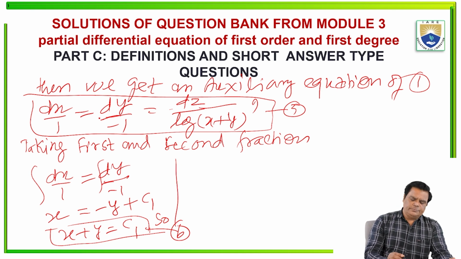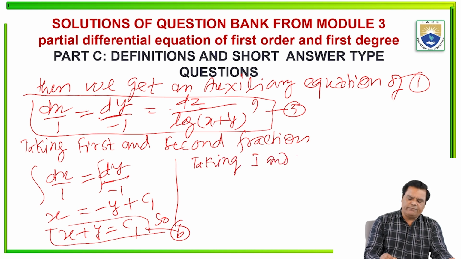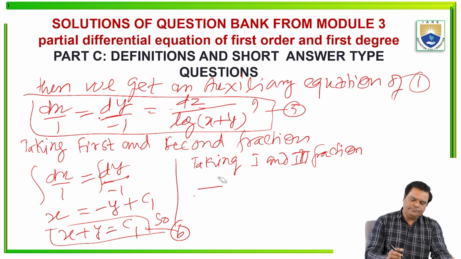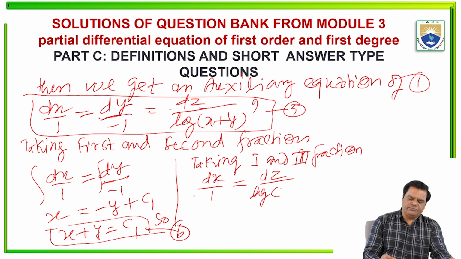Now taking first and third fraction, dx upon 1 equal to dz upon log x plus y. Okay.